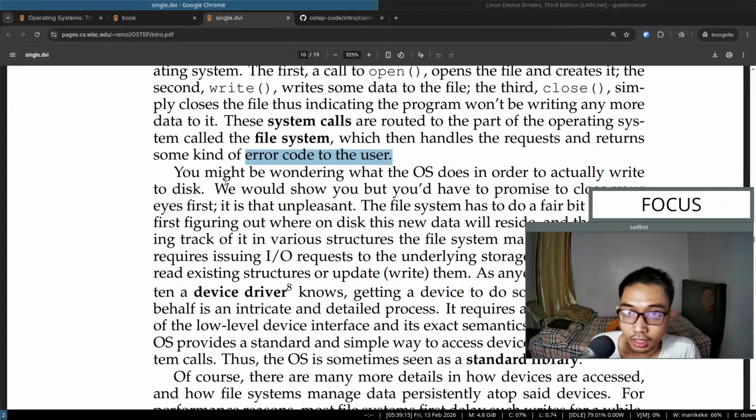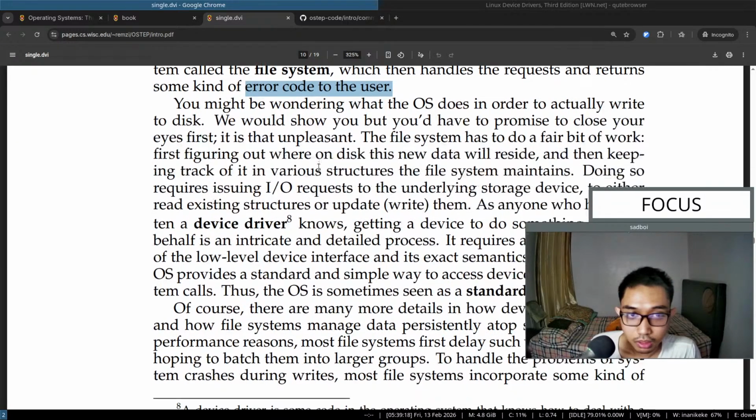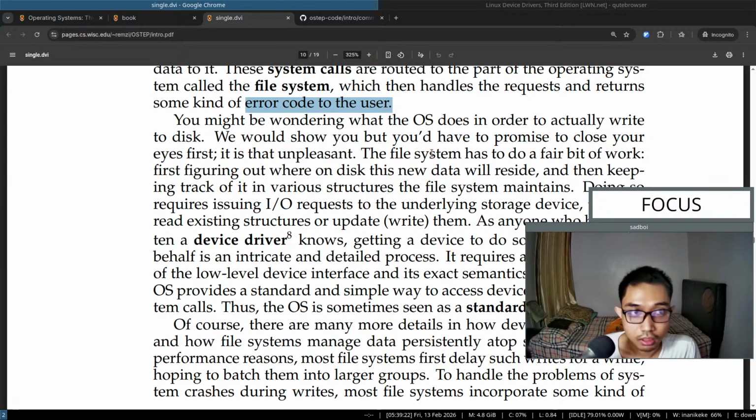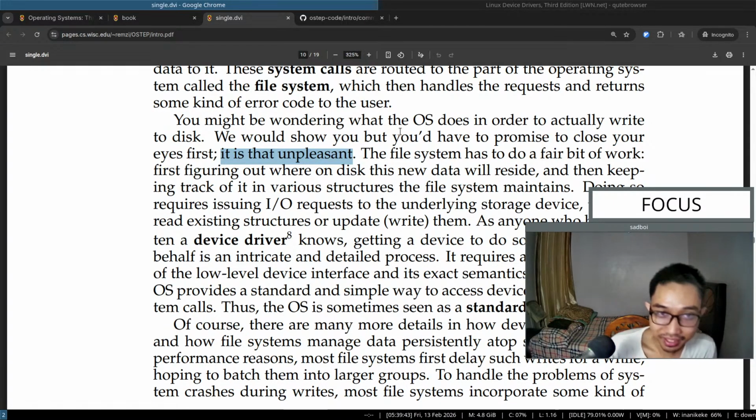Okay. You might be wondering what the operating system does in order to actually write to disk. We would show you, but you'd have to promise to close your eyes first. It is that unpleasant.